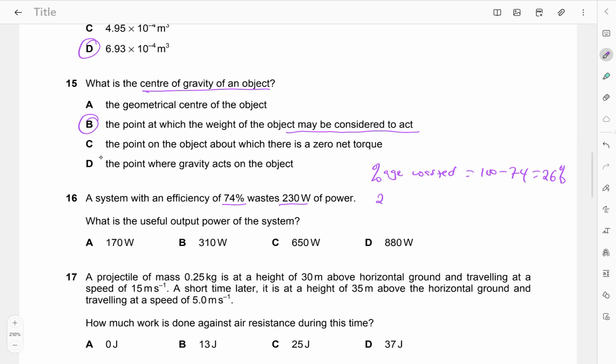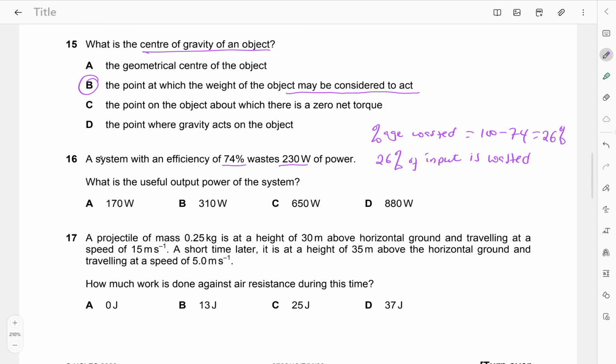So it means 26% of the input power is wasted. I will simply say 26 over 100 times power input is equal to what is wasted, which is 230.